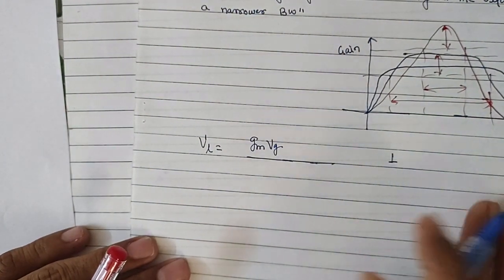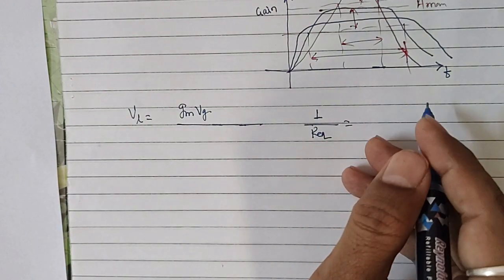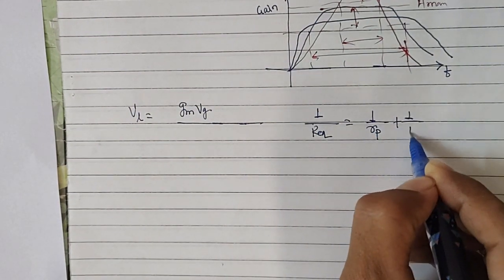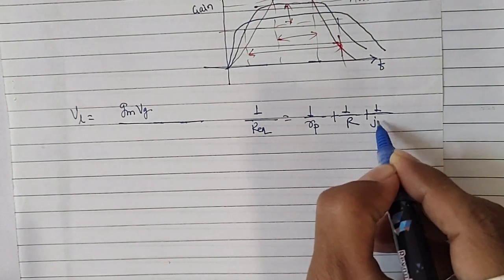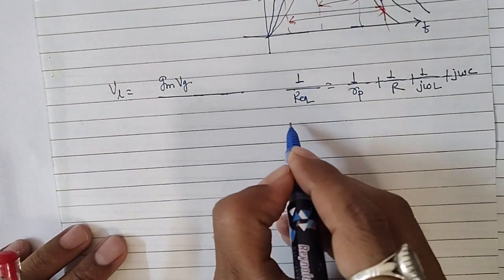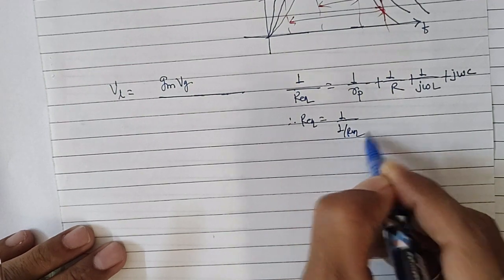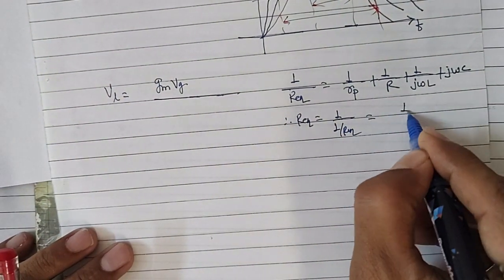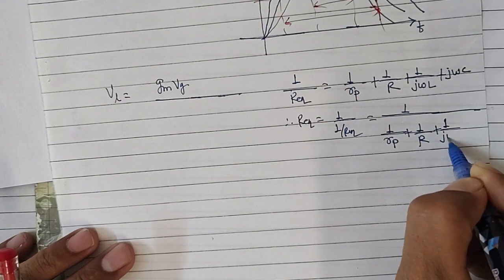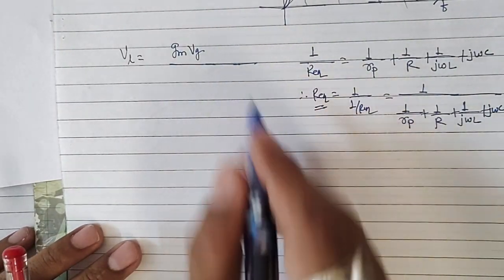So equivalent resistance, I could first write likewise, 1 over R equivalent is equal to 1 over RP plus 1 over R plus 1 over j omega L plus 1 over j omega C. So that is j omega C. Therefore R equivalent is 1 over of this quantity, and that is 1 over 1 over RP plus 1 over R plus 1 over j omega L plus j omega C. Now this is your R. Let us take it to the VL.